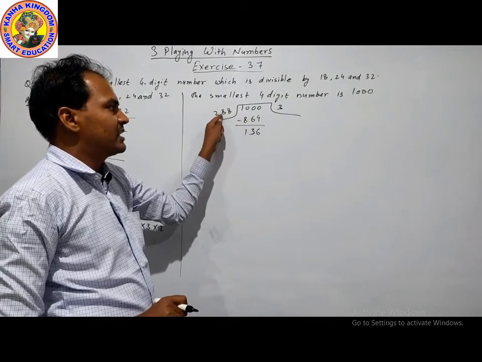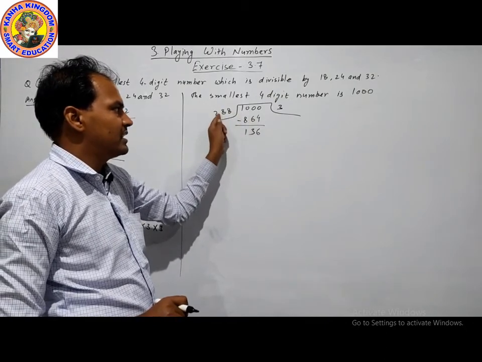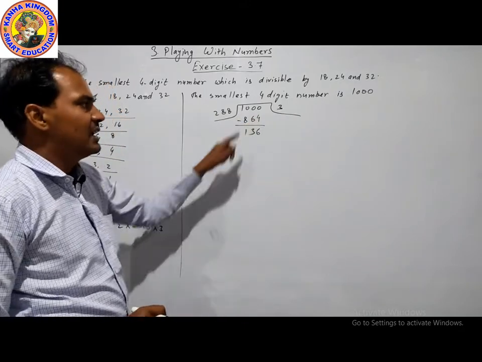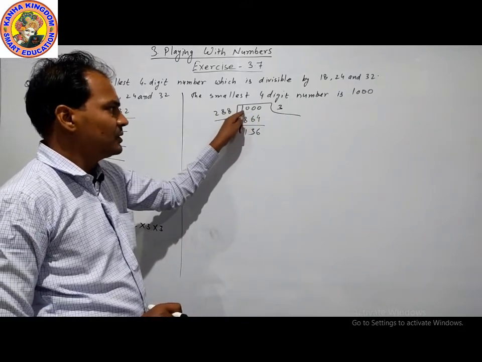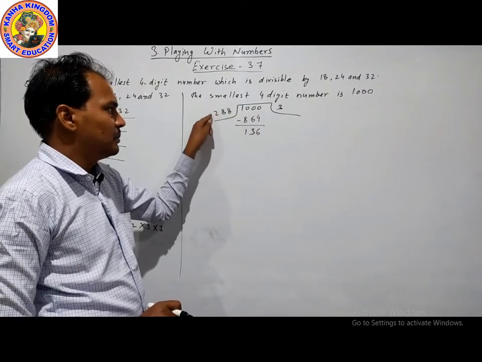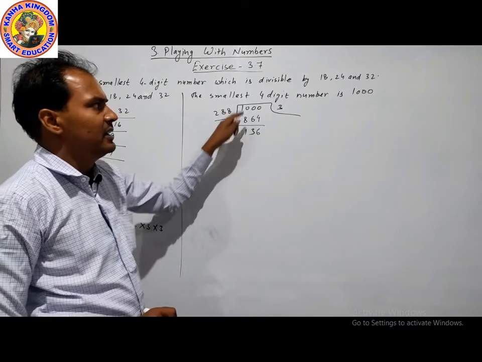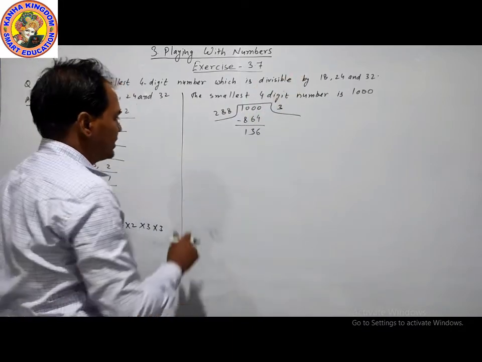So this number cannot be divided by these 3 numbers. The next number should be plus 288, or we can also write it as 1000 plus 288 minus the remainder. So we can exactly divide by these 3 numbers.